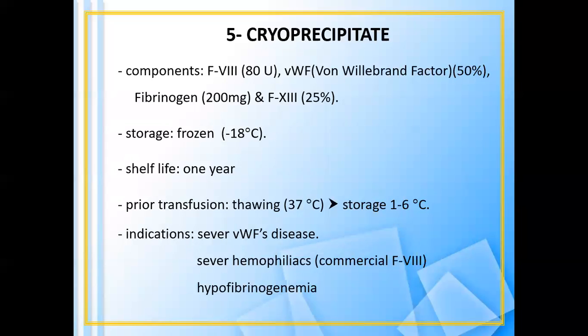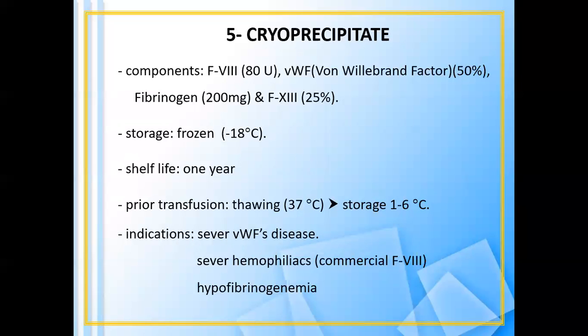We have to store cryoprecipitate after preparation at minus 18 degrees centigrade, and it can be stored for 1 year. Before transfusion, it should be thawed at 37 degrees and stored at 1 to 6 degrees centigrade. Why do we use cryoprecipitate?